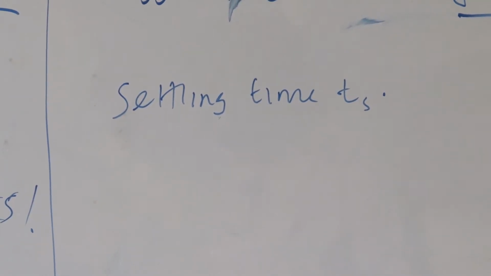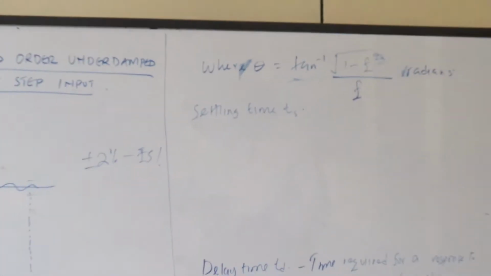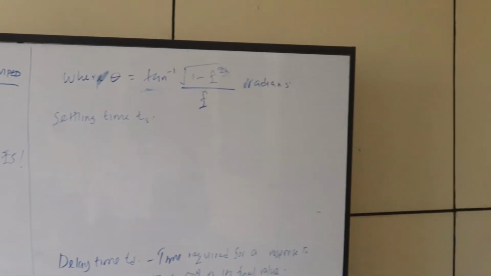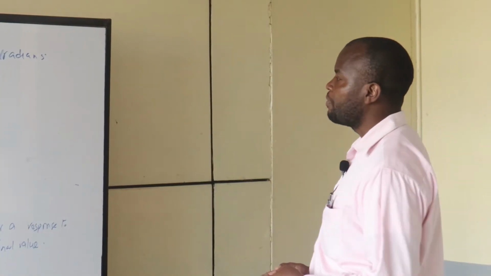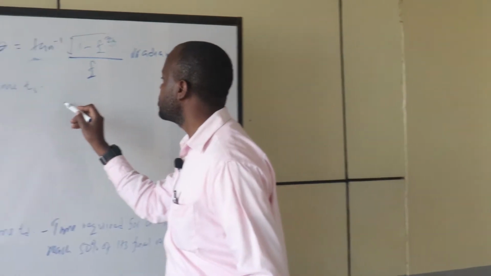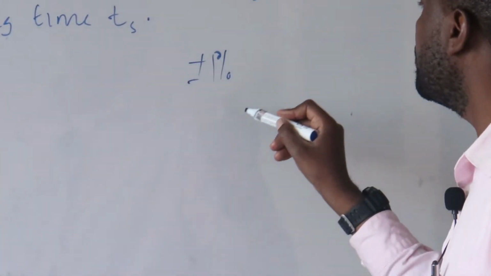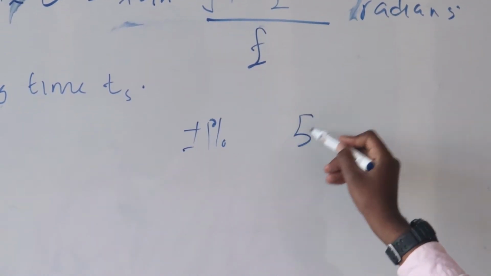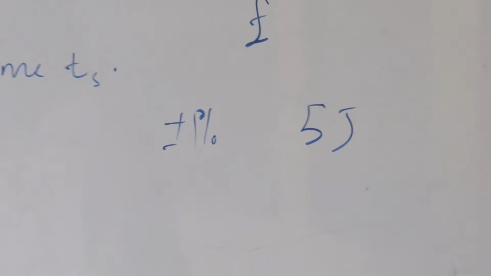You'll also find that this response usually stays within plus or minus 1% of its final value in approximately 5 time constants, where the time constant is the quantity we refer to as tau.